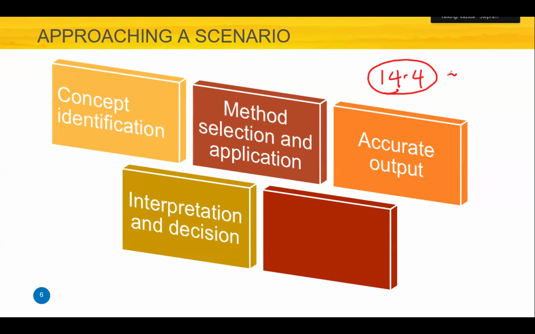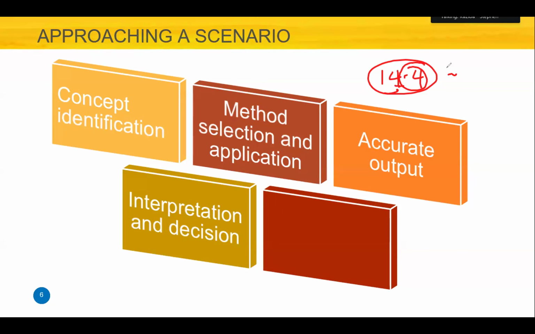So that means this one is not true, because you can't have 0.4 people. So the number of people within the institution is going to be 14. Then from there, you have to interpret and make a decision. For each of the items you are going to be doing, you may find that the task is a block task.